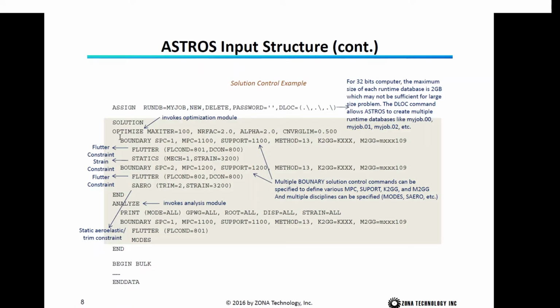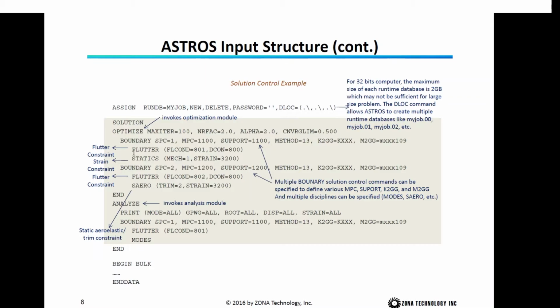Within solution, you can perform optimization. You say optimize, and you define several parameters for the optimizer. We will talk about the meaning of those parameters. Within the optimize section, you can define multiple boundary conditions. For example, if you have a half-span structure model, you have a symmetric boundary condition and an anti-symmetric boundary condition, and within each boundary condition, you can define multiple disciplines to be performed.